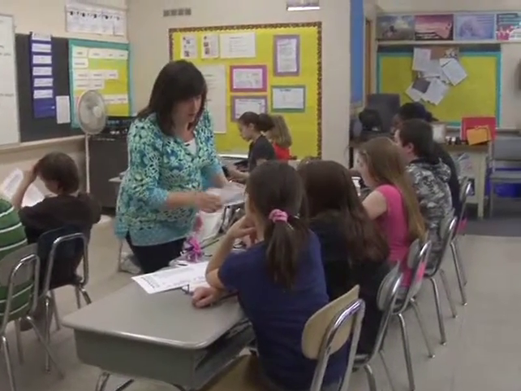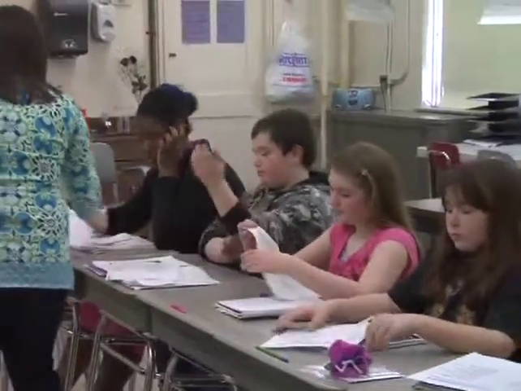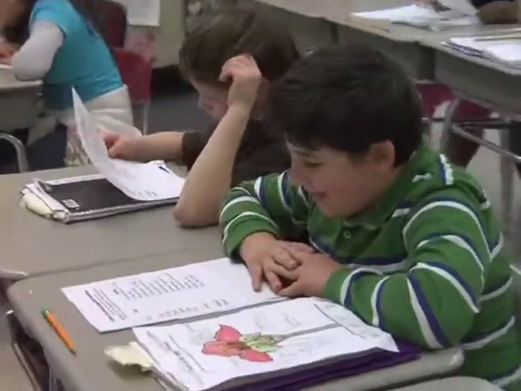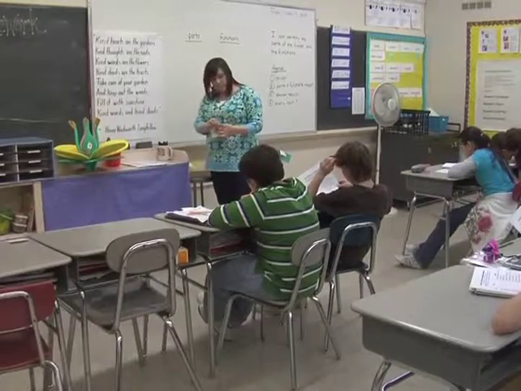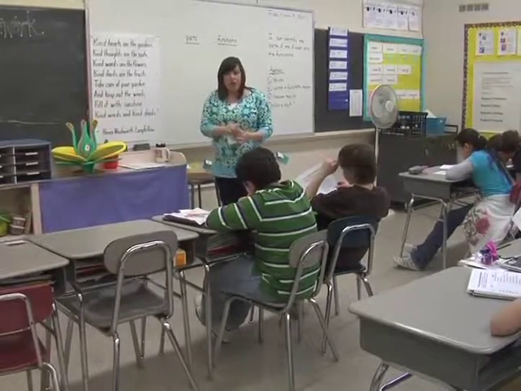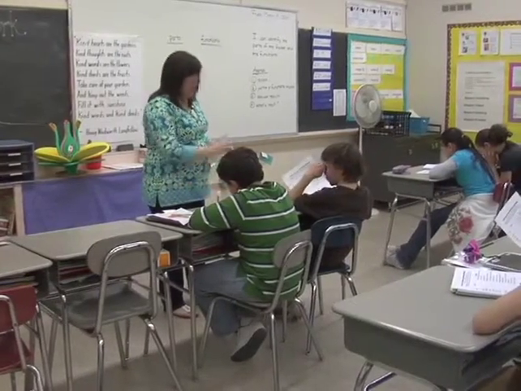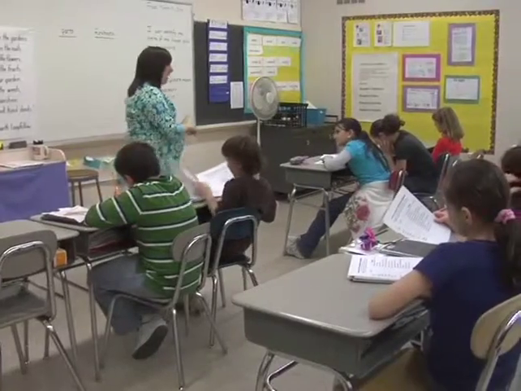And we're just going to glue it into our science journals on the right side where we've got our response. So if you take a look at your worksheet in front of you, on the left side, you've got a whole list of what? Of the parts, right?